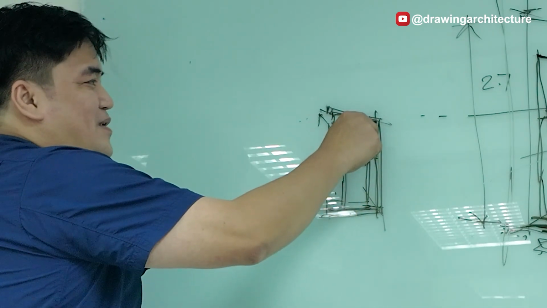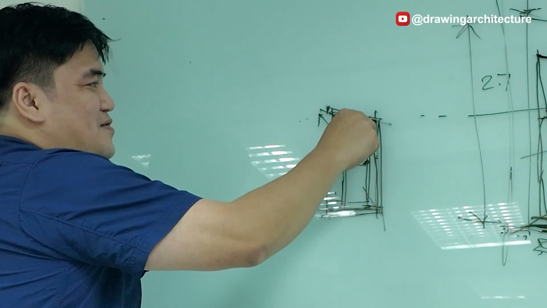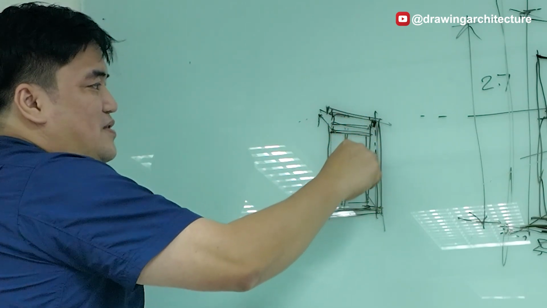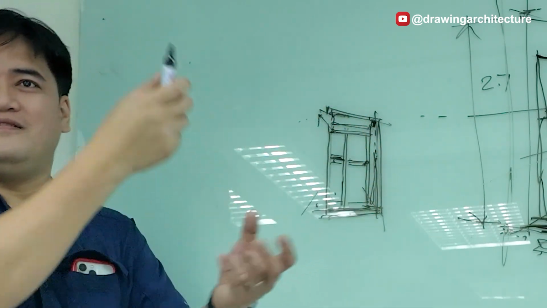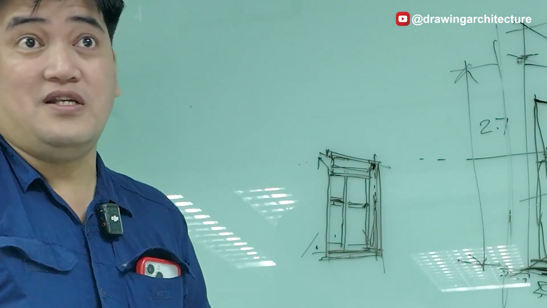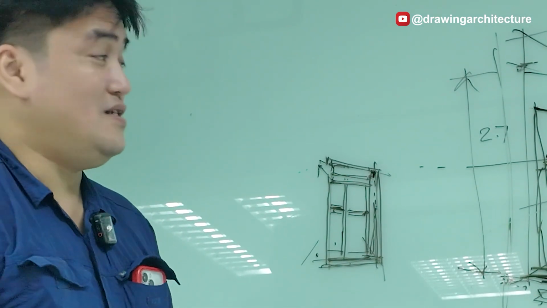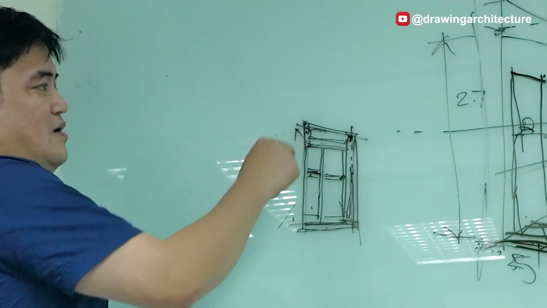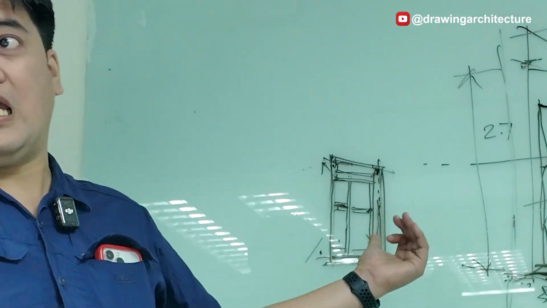First, if you want more details, no, nandito yung some sort of a pivot point, and then you have a string to pull up. No? If you look at your research, nandun yung details, no. So this is what a window looked like.